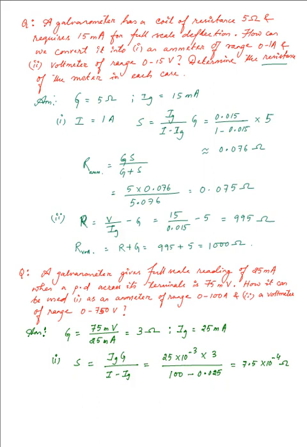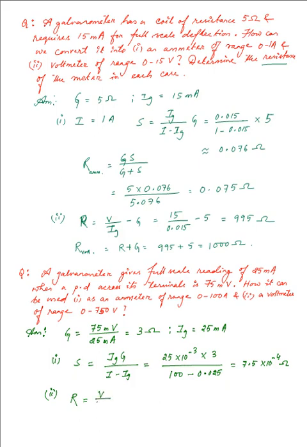This hasn't really asked us to obtain the net resistance, so we do away with that. And now we wish to obtain the multiplier resistance so as to be used in case of the voltmeter of the range of 750.